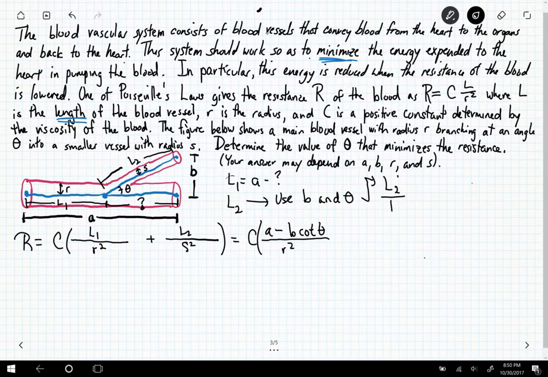So L2 over B, what is that? Well, that's going to equal the cosecant of theta. So that means L2 equals B times the cosecant of theta. So therefore we have plus B cosecant theta all over S squared.